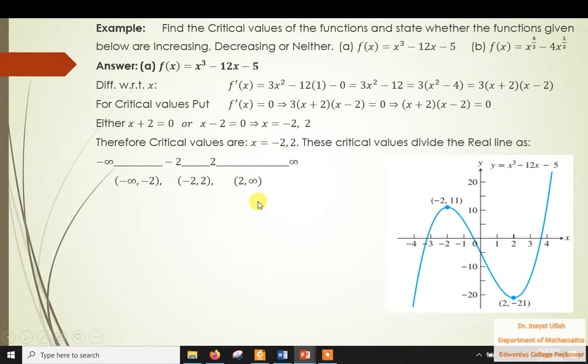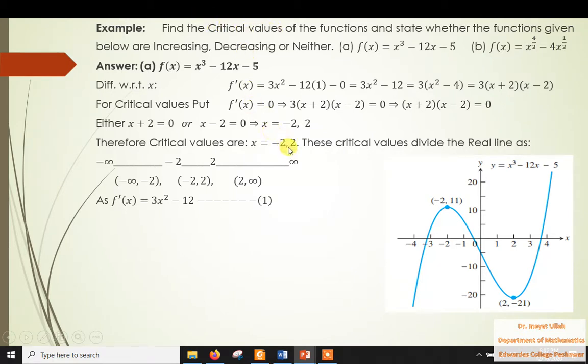First of all, we'll take f prime x, which is equal to 3x square minus 12. Take the derivative of the function. Now these are the critical values. That is the answer for the first portion: find the critical values.